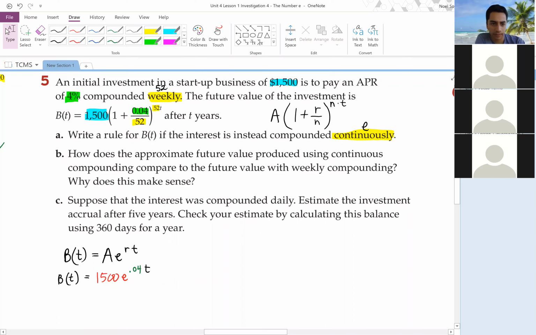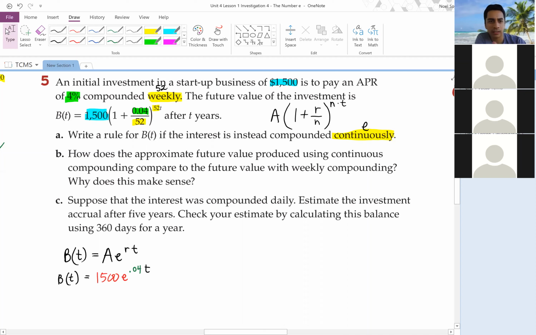Okay, and then it says, how does the approximate future value produced using continuous compounding compare to the future value with weekly compounding? And why does this make sense? The big thing here is to think about the n value.